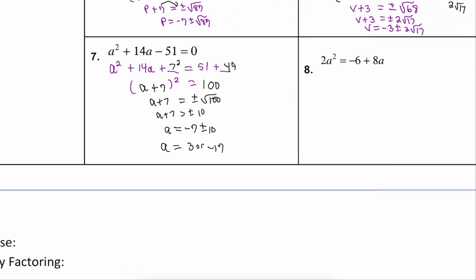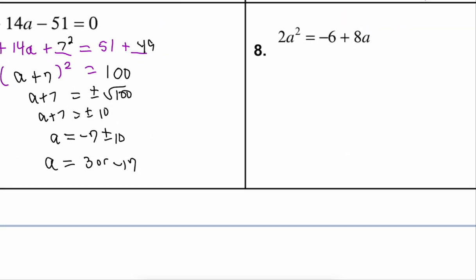Now, 8 requires a few more steps than the ones we've seen so far. We're going to put the variables to one side, plus a blank, equals the number on the other side. The only one that was in the wrong spot was the 8a. It moves to the other side and becomes a negative 8a.